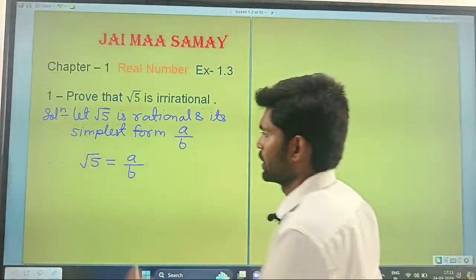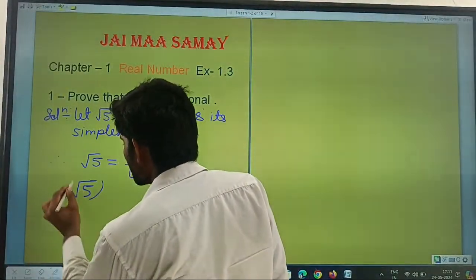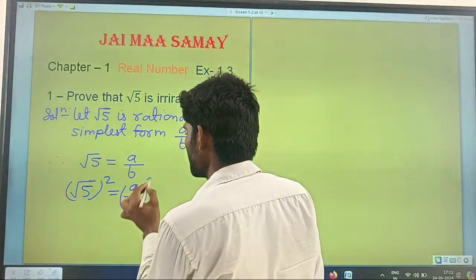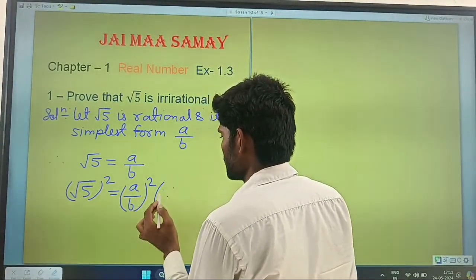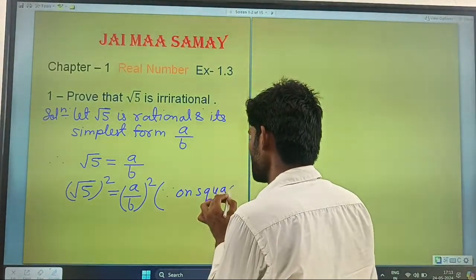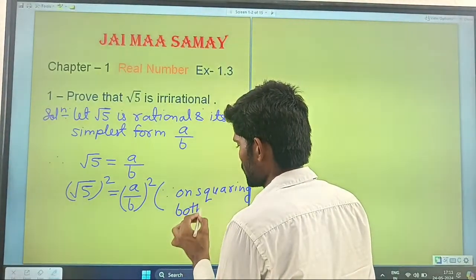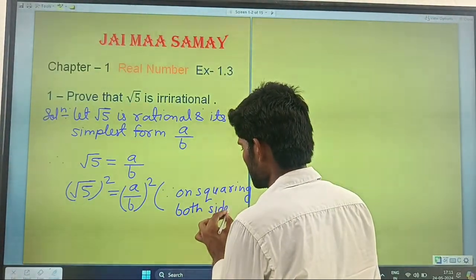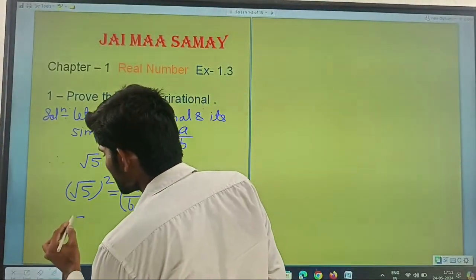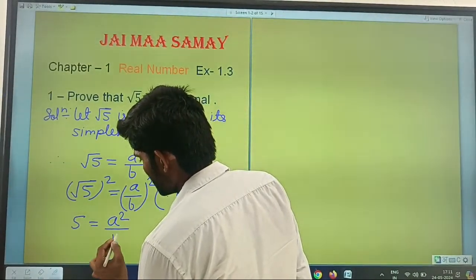And squaring both sides, what do we get? 5 on one side, A square upon B square on the other.